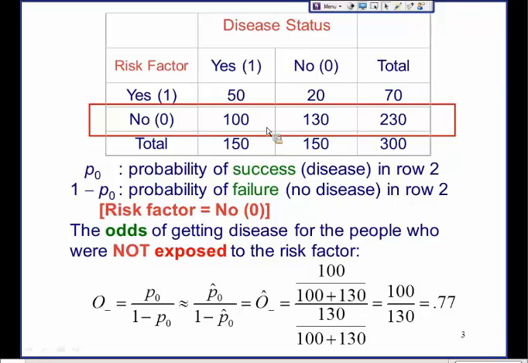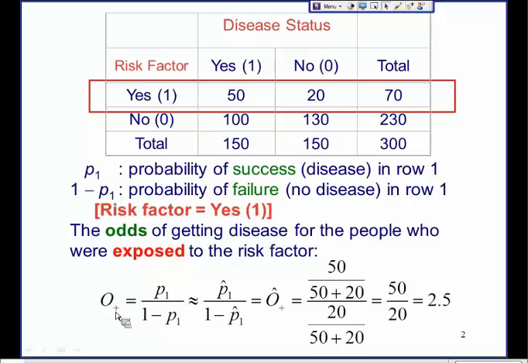In fact, the way we define odds really is the ratio of conditional probabilities: the probability of getting disease versus the probability of not getting disease. The ratio of that is the odds of getting disease. So O minus is the odds of getting disease if you're not exposed, and O plus is if you're exposed.